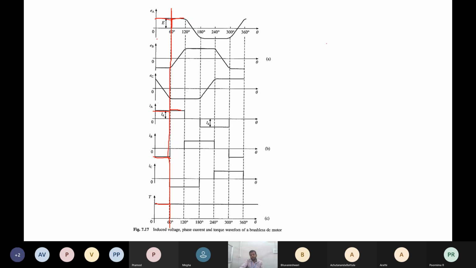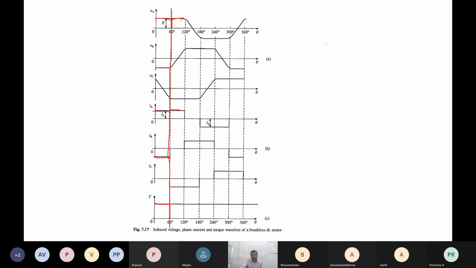Now, in a three phase voltage, each phase will be differentiated by a 120 degree angle. Right? So for the first interval, this will be our waveforms. For the next set, the voltage waveforms will change gradually.